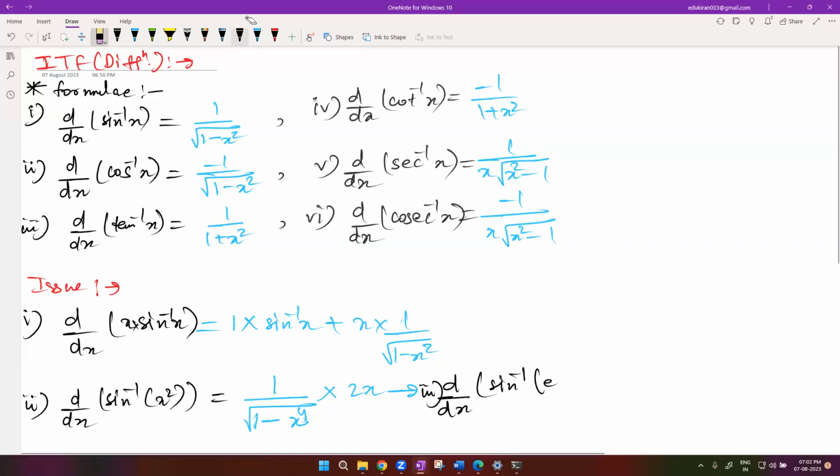E to the power sine inverse x. Can you solve this? Try it, everyone. First, you guys try, then I'll share the approach how to solve this.